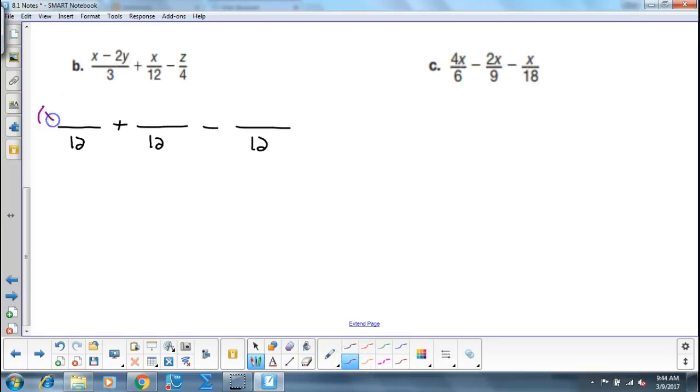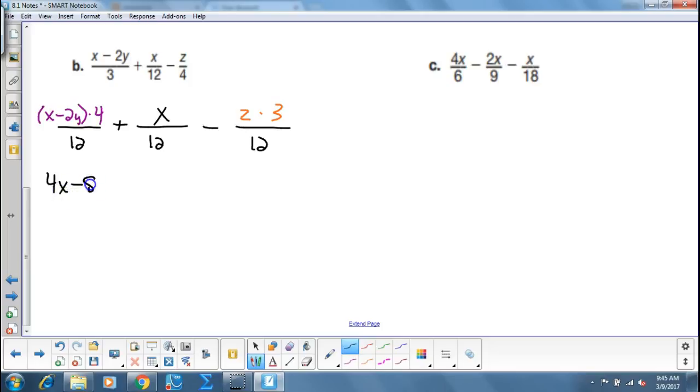So that means x minus 2y has to be multiplied by 4. Second one, what do I have to multiply that by? Nothing. That's already in common denominator form, so that one doesn't need any adjustment whatsoever. Okay. Third one, what does that one have to be multiplied by? Z times 3.